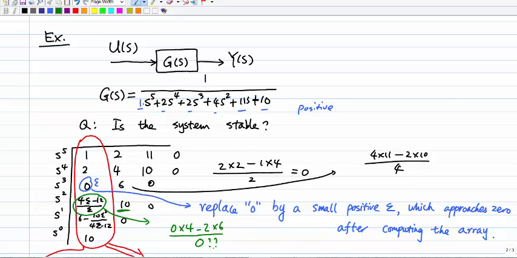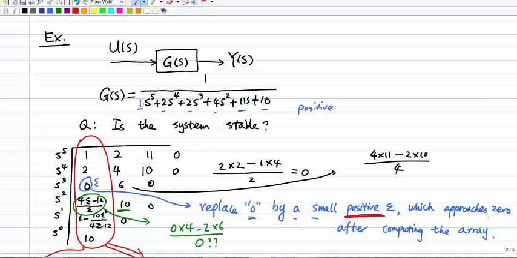So what we do over here is, if the first entry is 0 but the other entries in the row are not all 0, we replace 0 by a small, and I want to emphasize, positive epsilon, which approaches 0 after computing the array. First we assume some small positive epsilon, and then we finish all the calculation.